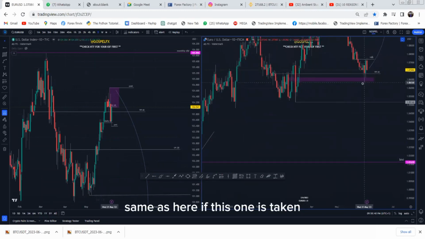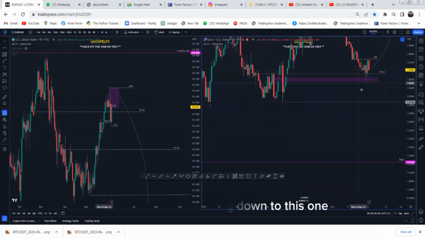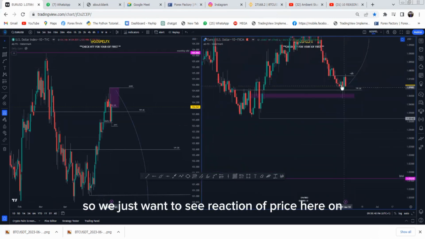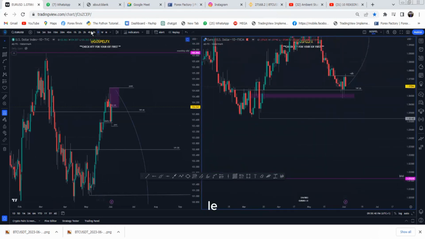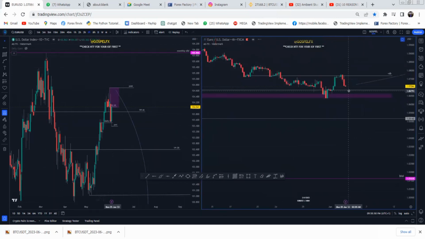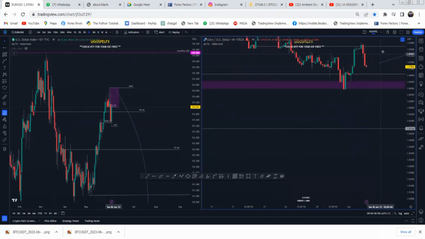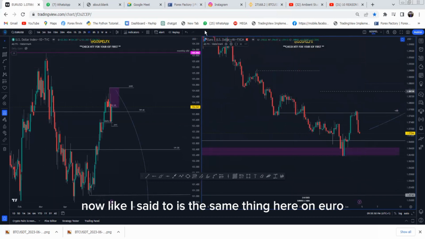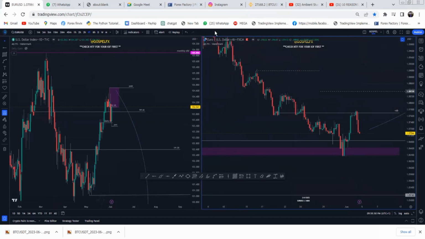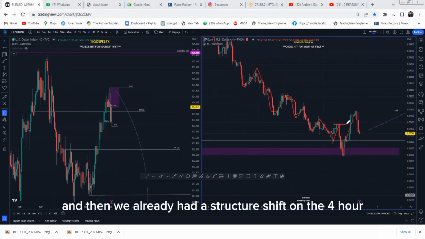Same as here. If this one is taken, you know that definitely price is coming down to this one. So we just want to see reaction of price here on, let's go to the 4 hour on the dollar and see, on euro, and see what is going on here. Now, like I said too, it's the same thing here on euro. We have been in a sell program on euro, clean bearish trend, creating lower lows and lower highs, and then we already had a structure shift on the 4 hour.